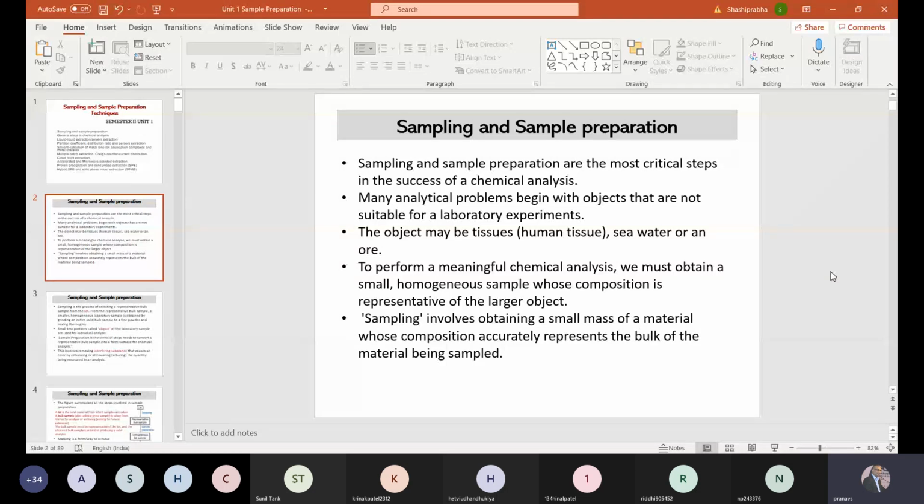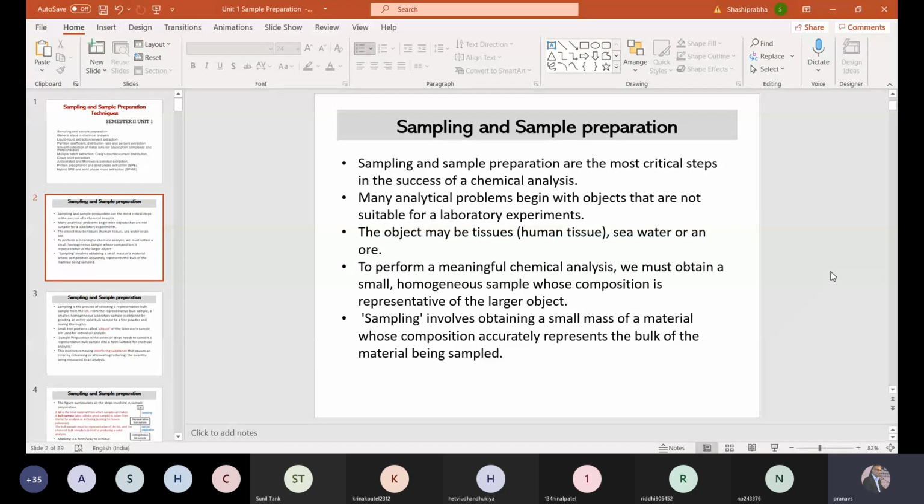But the composition, when you analyze it, the composition of that small amount of sample should resemble the composition of the entire bulk which was available from wherever we have obtained that sample. That is the whole essence of sampling.